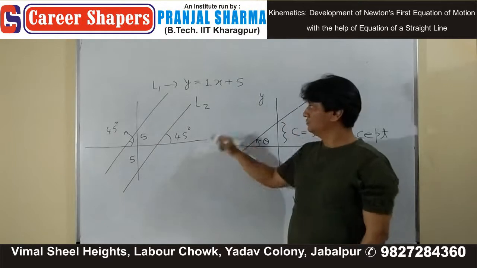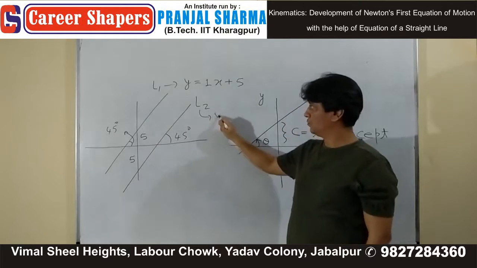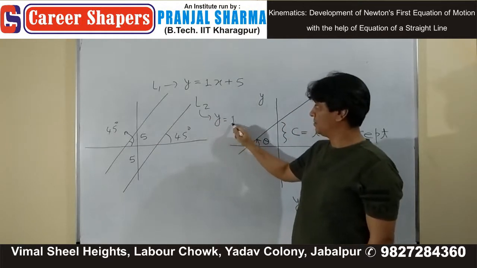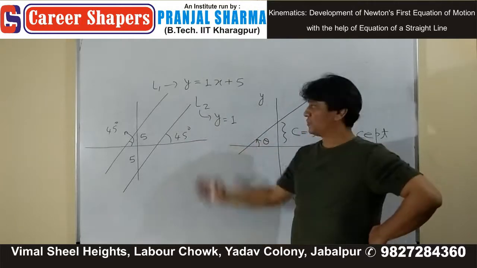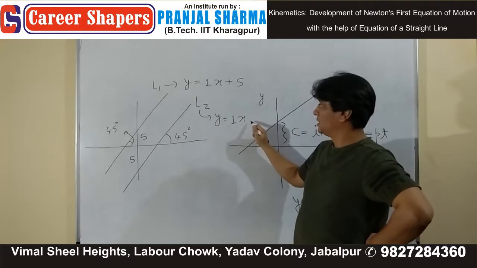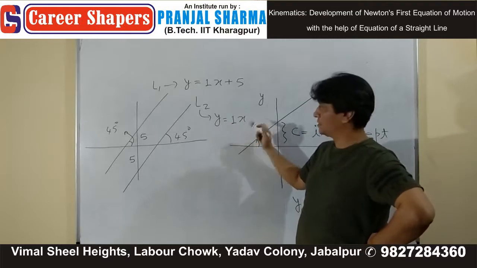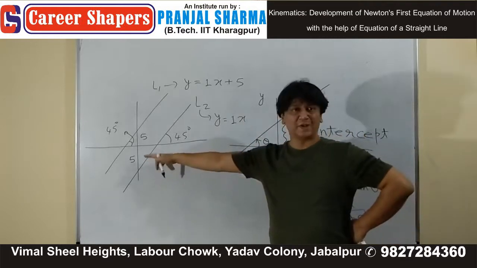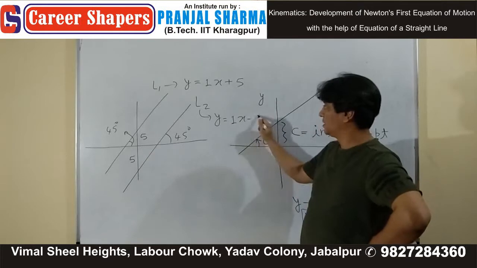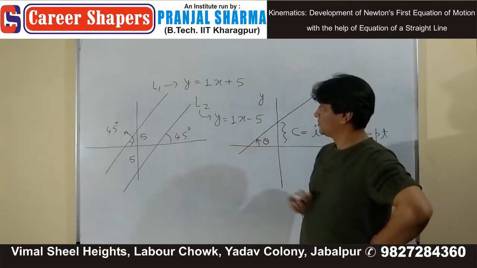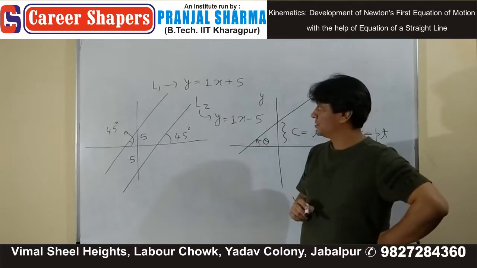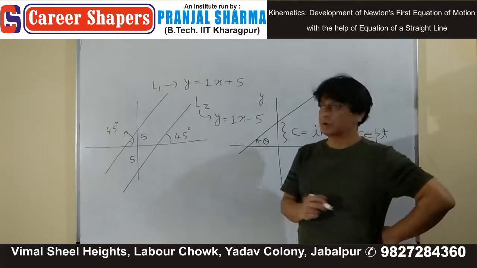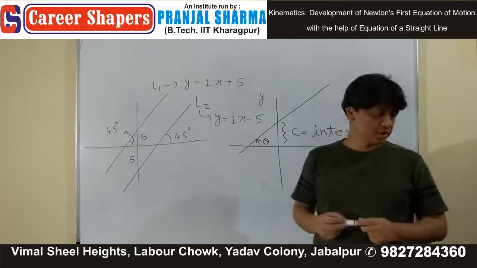Done. L2, y, m. For second line also, it's 45. C, what is the intercept? On the negative side, minus 5. So this is your L1 and this is your L2. That's how we can develop these equations.